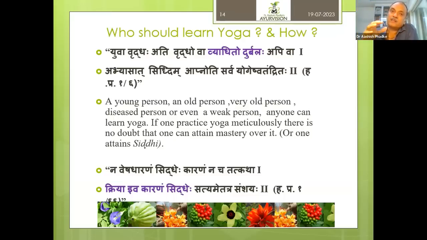And then they have said that not only those can learn yoga, but yoga can also be taught to Vyadhito apiva, those who are diseased. And Durbalo apiva, those who were in a disease condition, have now recovered but are in convalescence and weak, or are in a disease condition and very, very weak. To them also we can teach yoga.